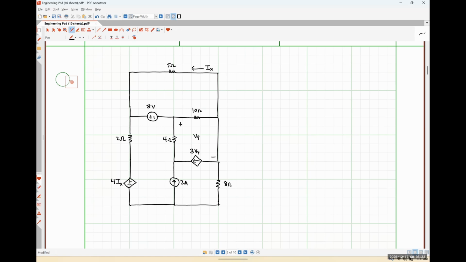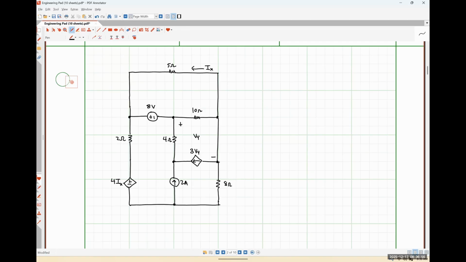All right. So this looks like a pretty gross circuit. Okay. So we're going to use the nodal analysis technique here. And I'm just going to tell you straight from the jump that we're going to run into a couple of problems when we hit our voltage source, and we'll talk about how we're going to fix that in a moment.